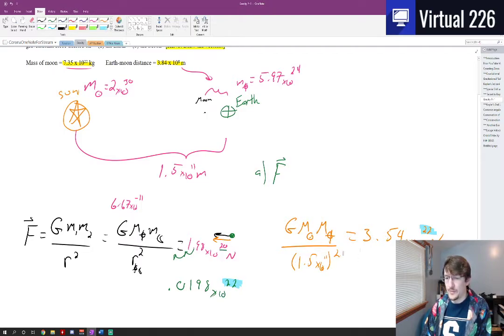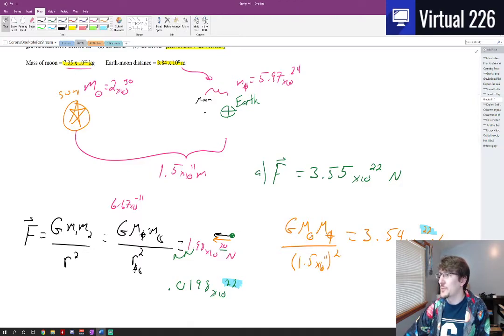So 3.54 plus 0.0198 is really still pretty much just 3.55 times 10 to the 22nd. It really didn't change much there. Newtons. So that's our first force for part A. Maybe if you're like, oh, that rounds up, maybe it becomes 3.56.